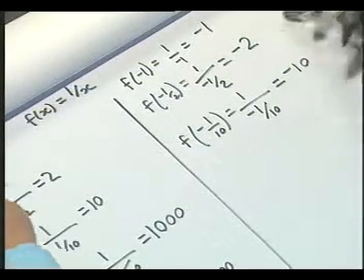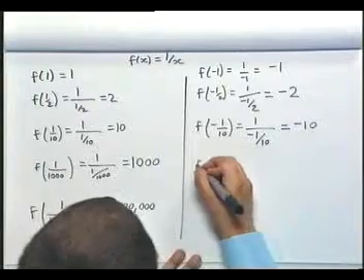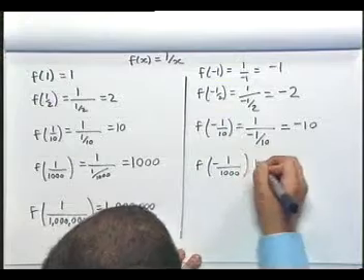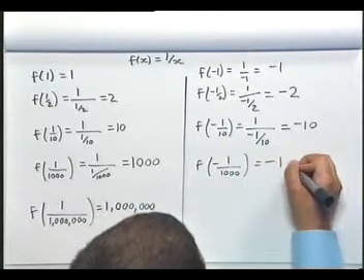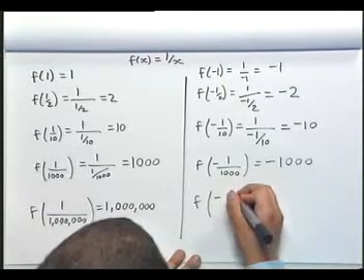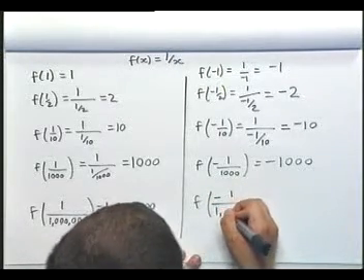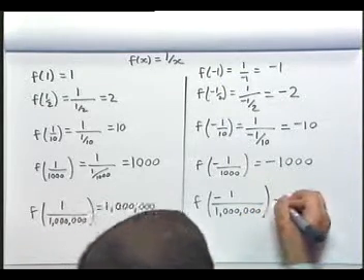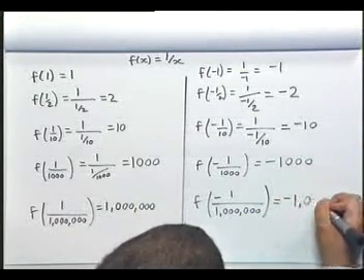And we can kind of see a pattern here, okay? So f of minus 1 over 1,000 will actually give us minus 1,000. And f of minus 1 over 1,000,000 actually gives us minus 1 million.